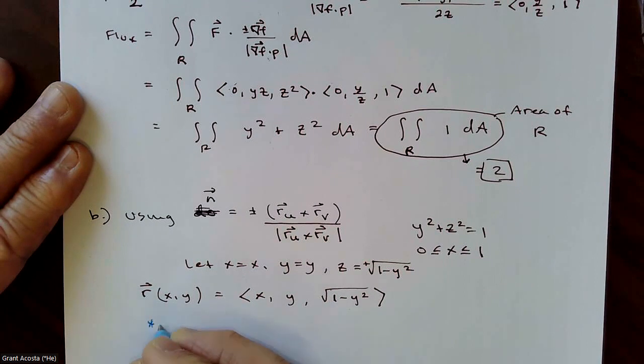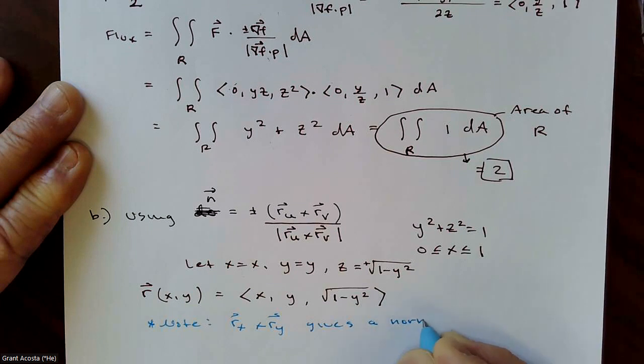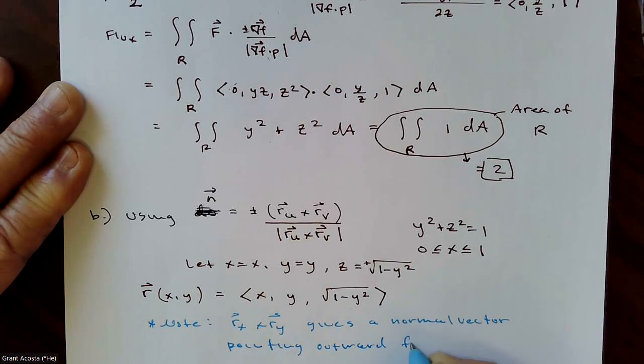So I'll put a note: R sub x cross R sub y gives a normal vector pointing outward from the surface.